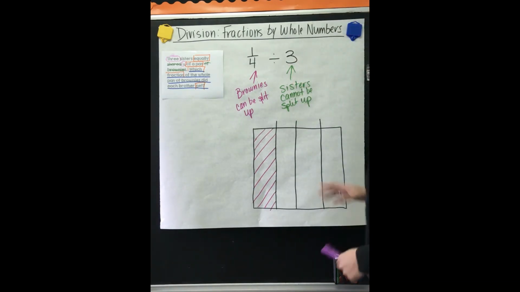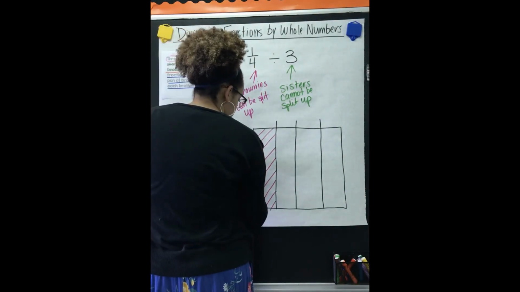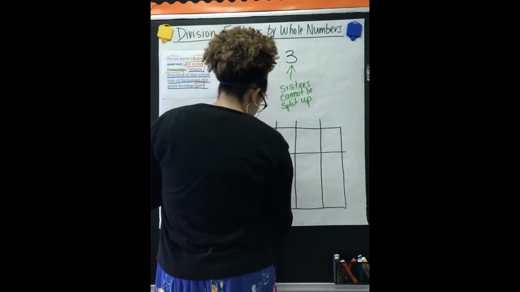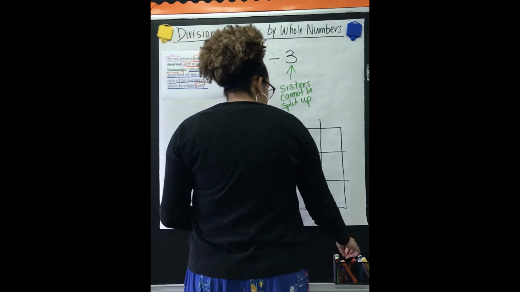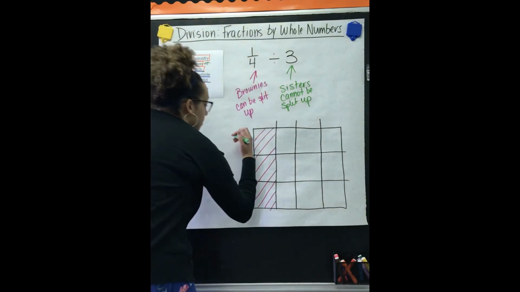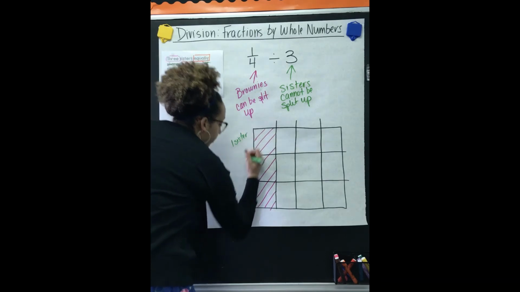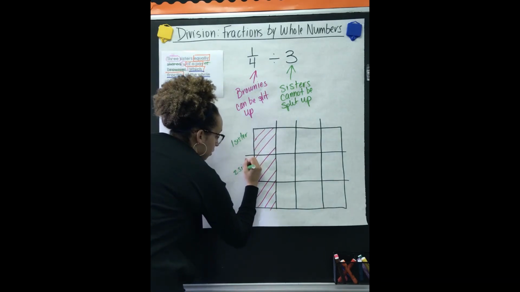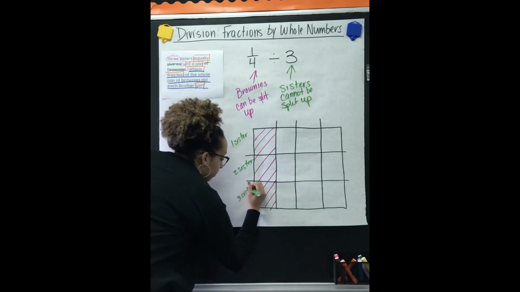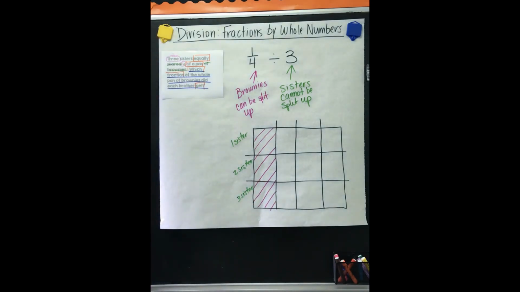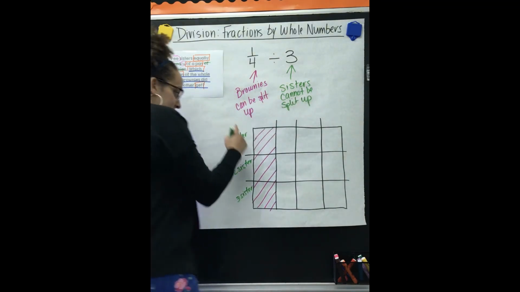3. So now we're going to take this pan and we're going to split it the other way 3 times. Each one of these splits represents sister 1, sister 2, sister 3. Well, how much of the whole pan does each sister get?